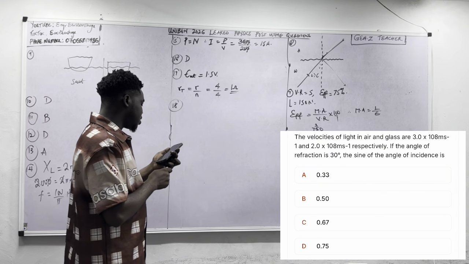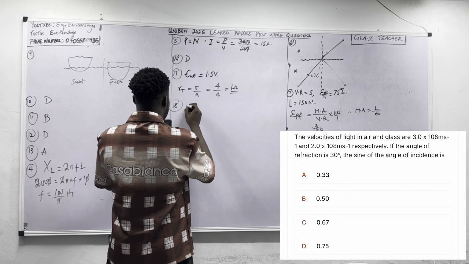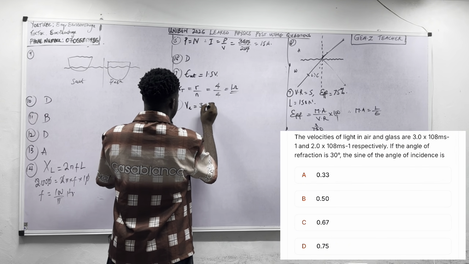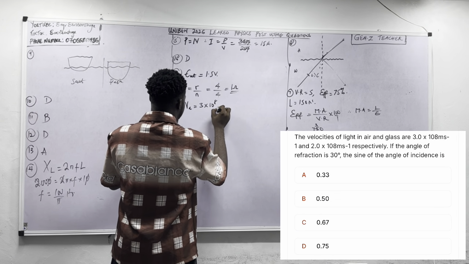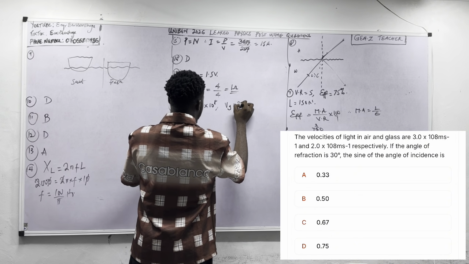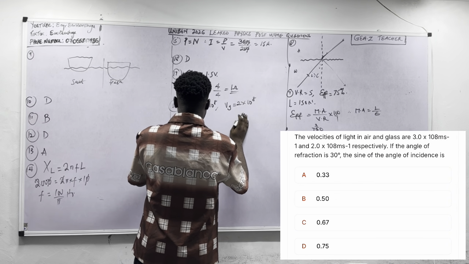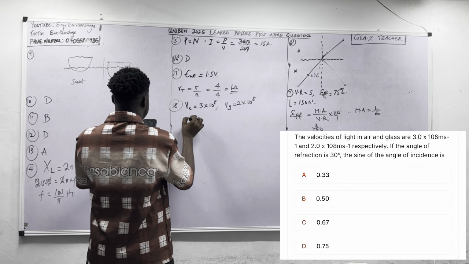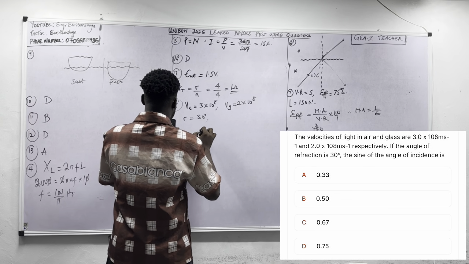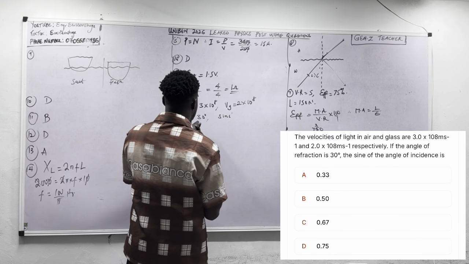Number 18, the velocity of light in air and glass. So velocity of light in air is 3 times 10 raised to power 8 meters per second, and velocity of light in glass is 2 times 10 raised to power 8 meters per second respectively. The angle of refraction is 30 degrees. Find the sine of the angle of incidence.